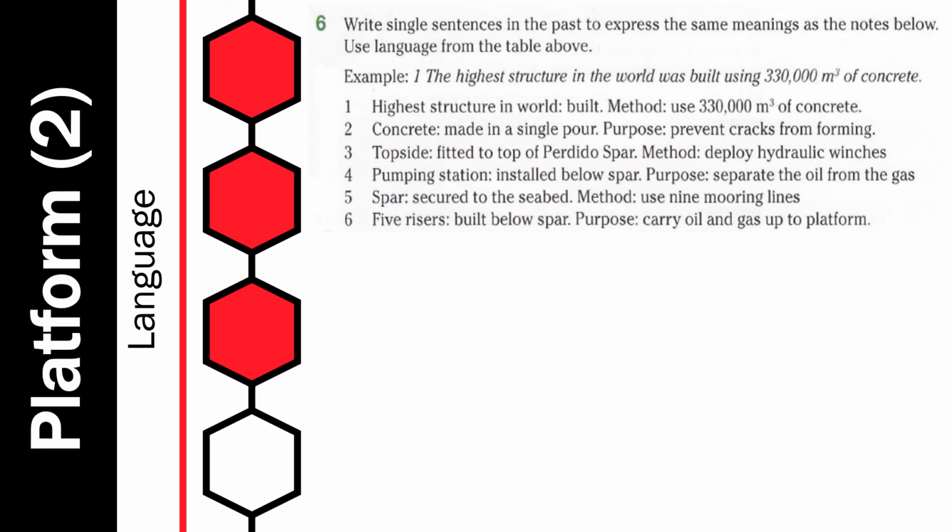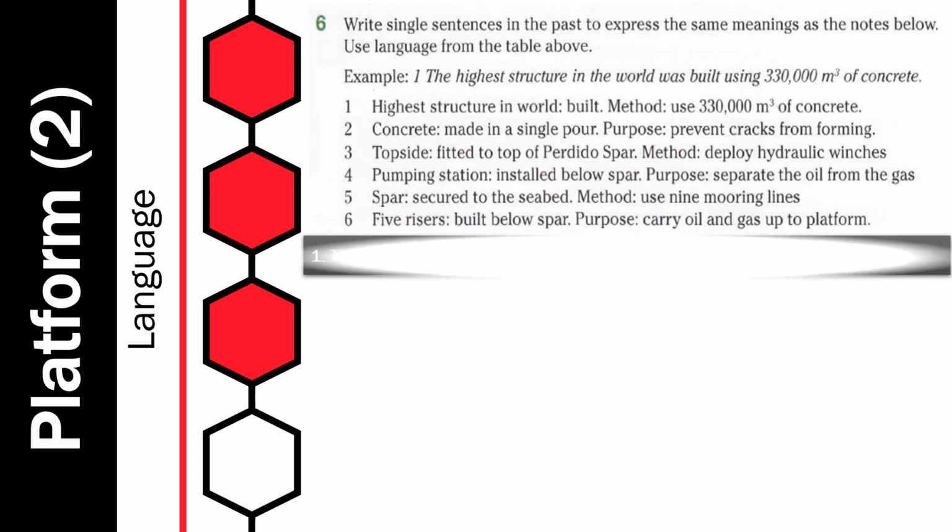Now, how to change it? As you can see in the example, the highest structure in the world was built using 330,000 meters of concrete. Now, please, dear students, pause the video, think of the other sentences, and come back to check your answers.